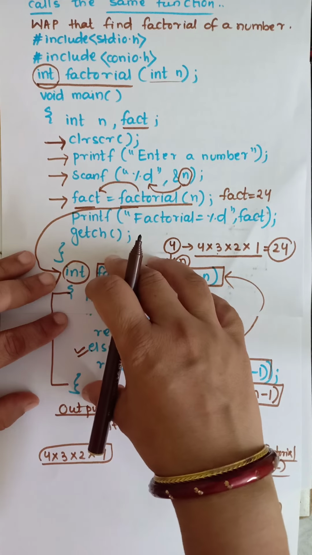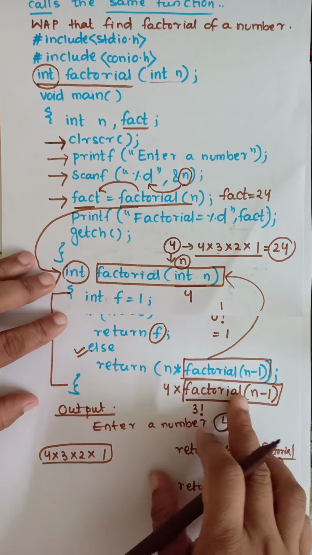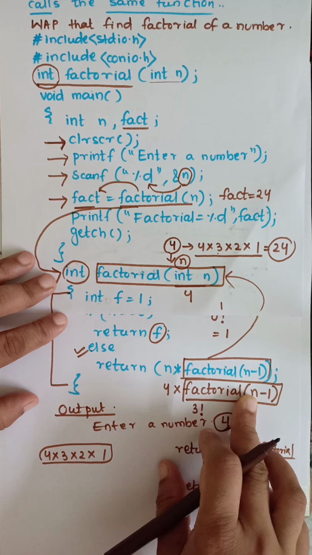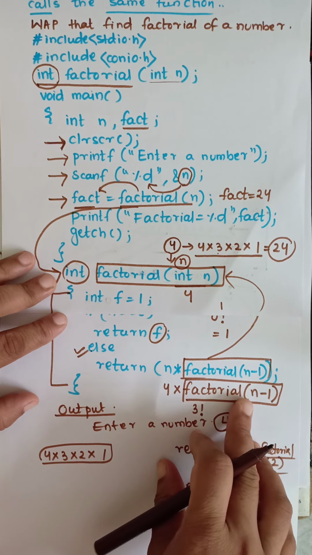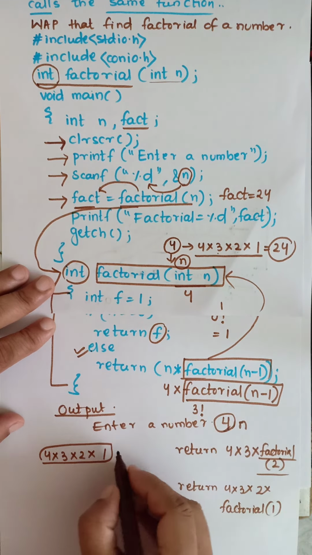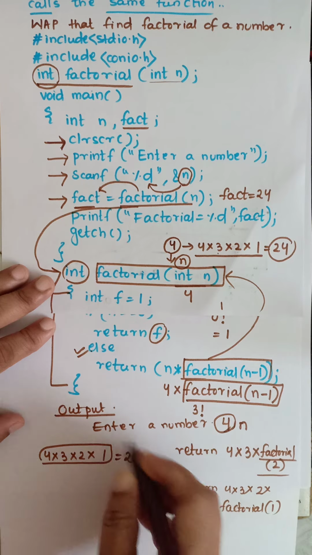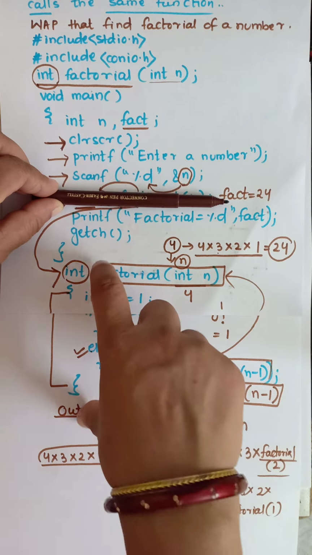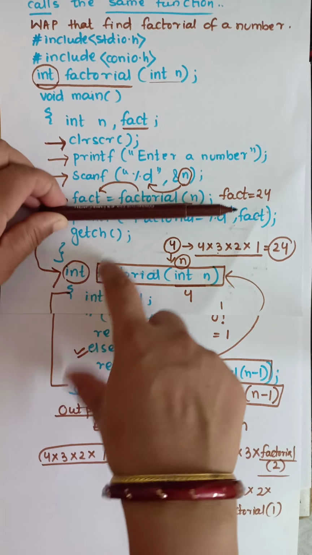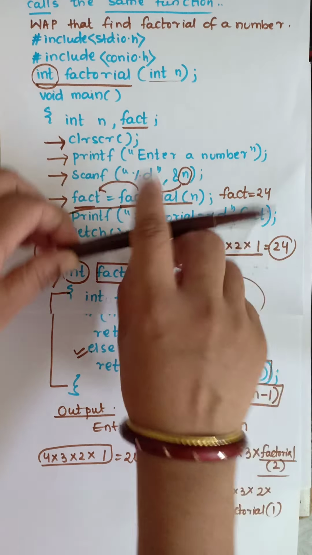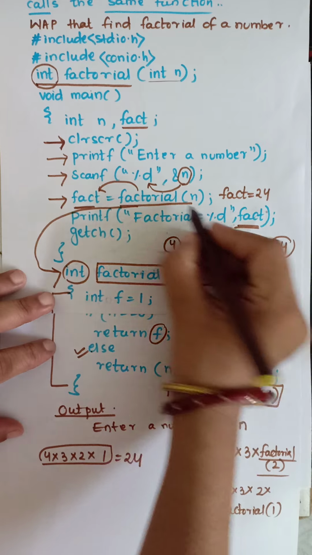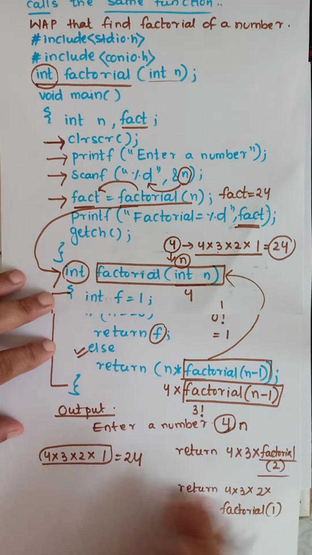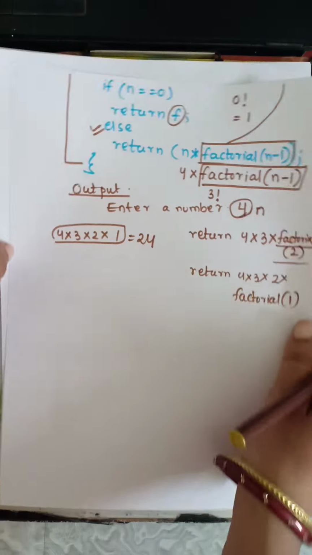So inside this function I call the same function repeatedly. Okay, so what do we return here, what is the value? This equals 24. So now this line is finished. Now my execution of this line is finished here. Now printf factorial equals %d, fact. So now the value of fact is stored here. So what is my output here?